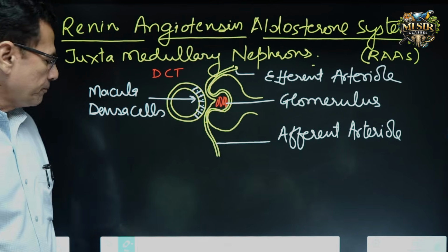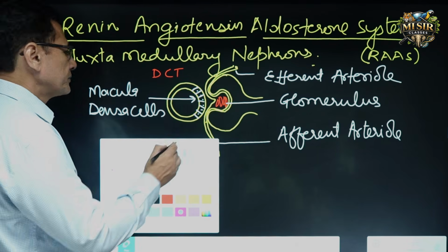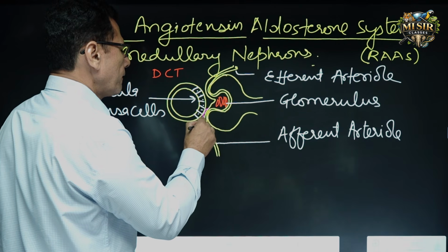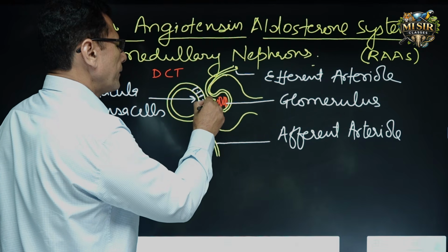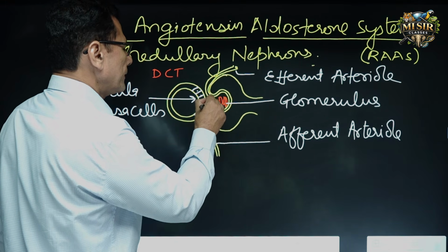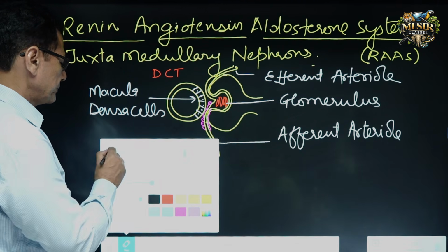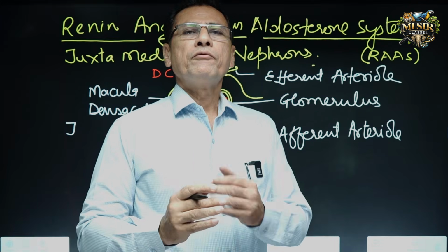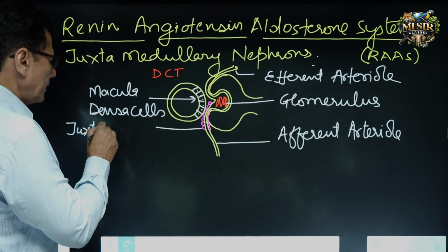Now, very important cells which are present over here are modified smooth muscle cells present on the afferent arteriole. These cells are called juxtaglomerular cells. Juxta means facing each other.